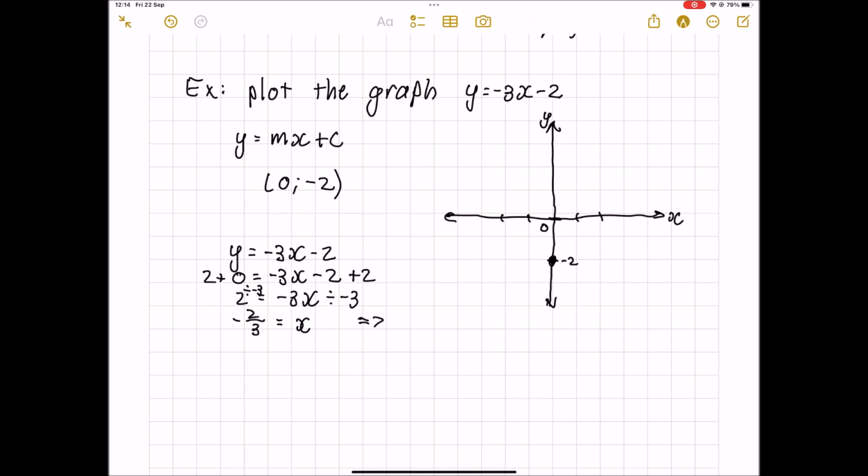And this means that this is the other point or plot on your graph. So it's going to be somewhere over here. And there you go. There we have successfully plotted the y equals negative 3x negative 2 function.